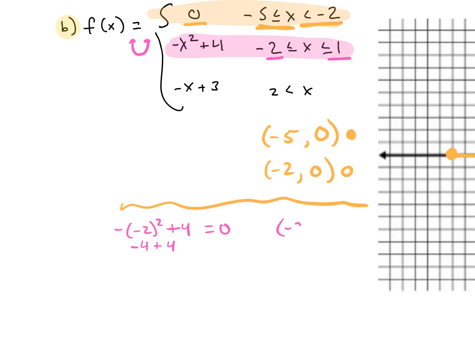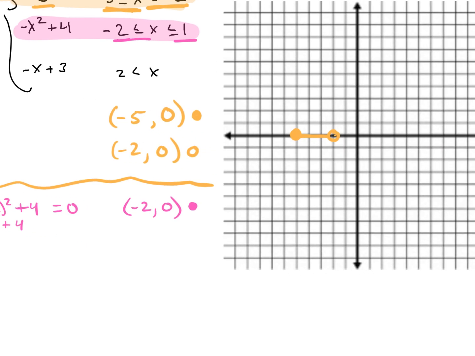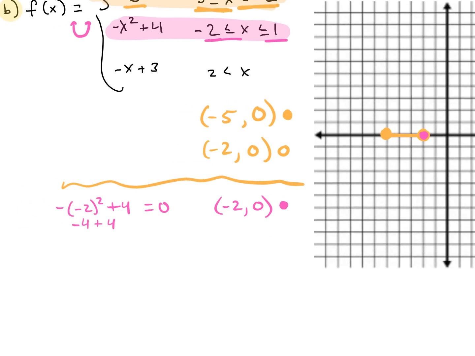So I plugged in -2 and got 0. Is this an open or closed circle? It is a closed circle, perfect, because it's less than or equal to, so closed circle. So I'm going to go to my graph, go to the left to -2, stay at 0, and put a closed circle. They overlap, but that's fine.